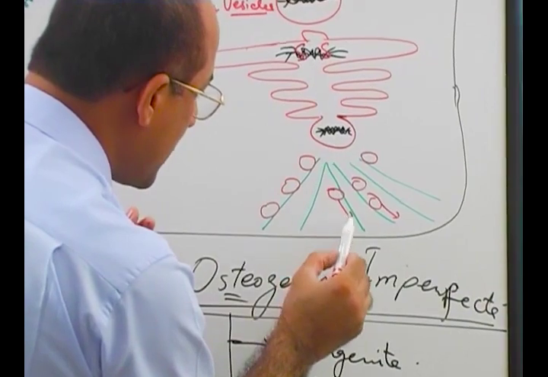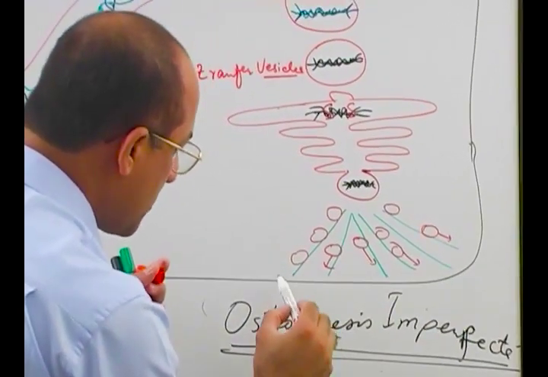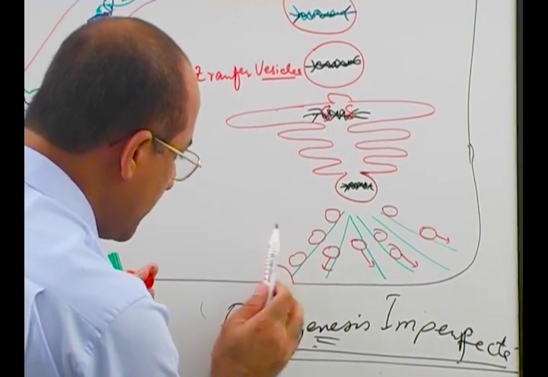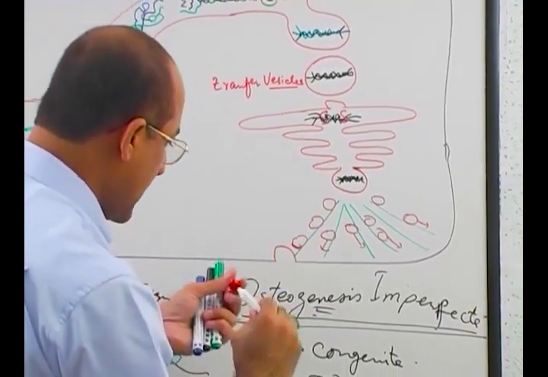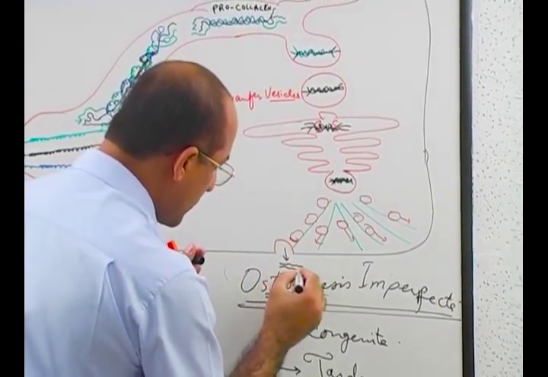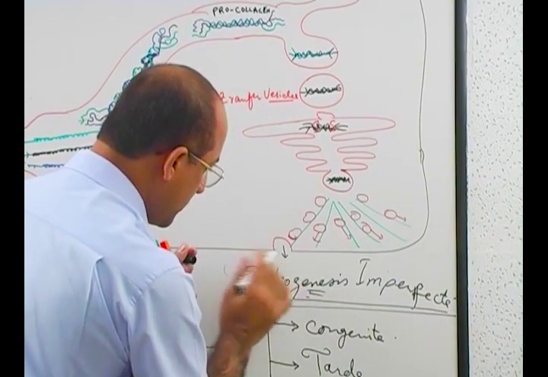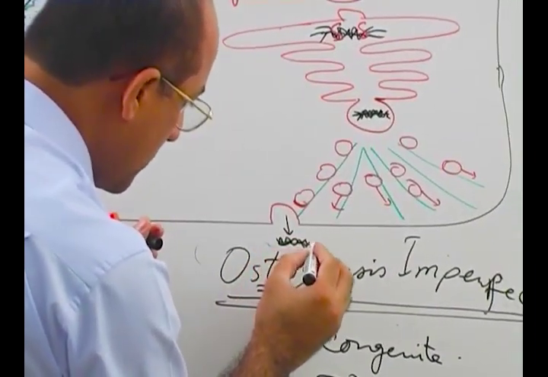start rolling towards the surface of the cell membrane, and eventually they come to the surface of the cell membrane and open. The vesicular membrane and cell membrane fuse, and then this will jump out. What was this? Procollagen molecule.